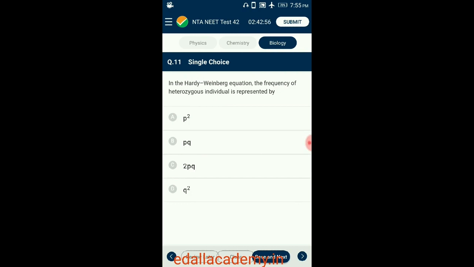Question number 11. In the Hardy-Weinberg equation, the frequency of heterozygous individuals is represented by.